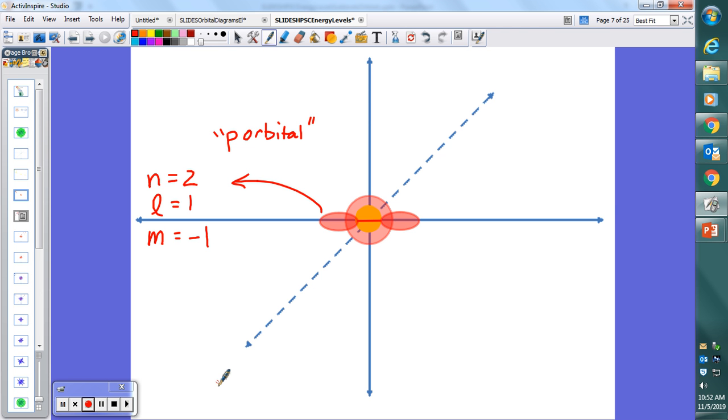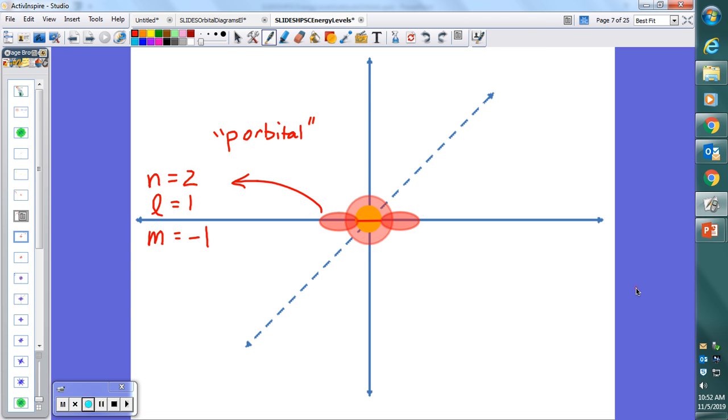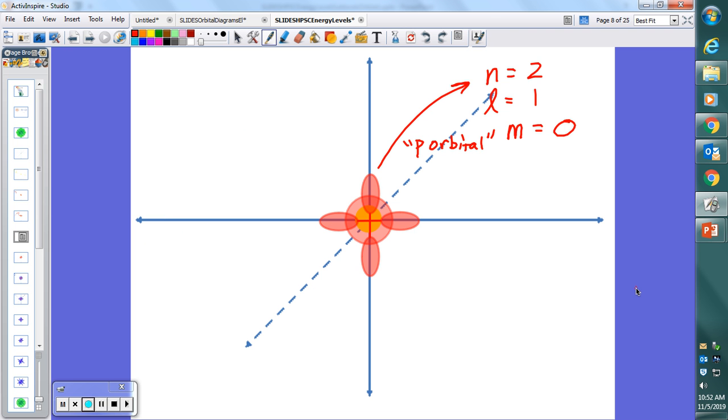But then the next orbital that we drew was along the y-axis, so here we're going to give this one a magnetic quantum number equal to 0. And now we have a difference between the quantum numbers for this p orbital and for this p orbital.